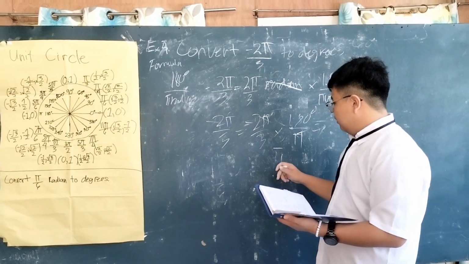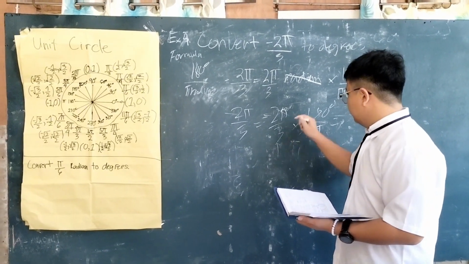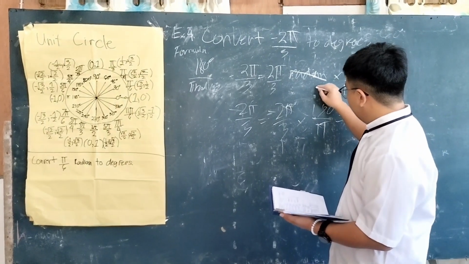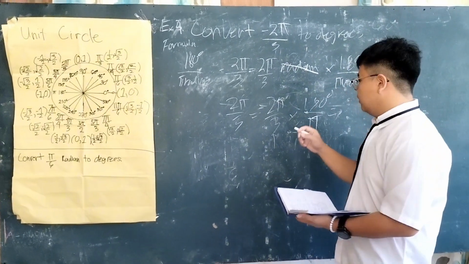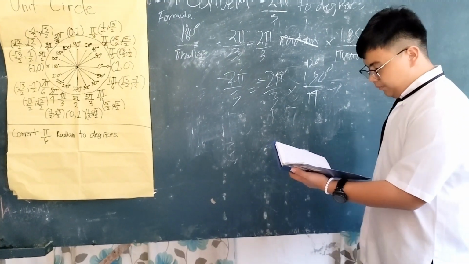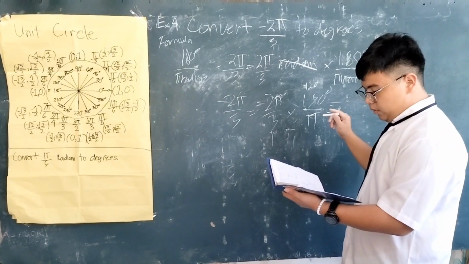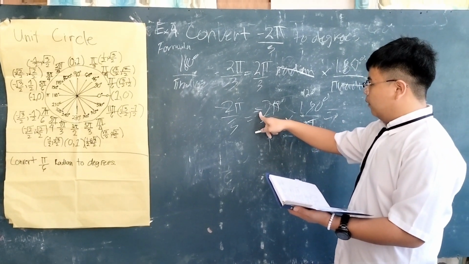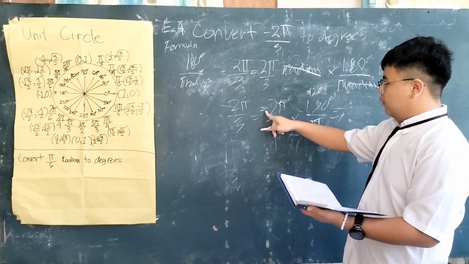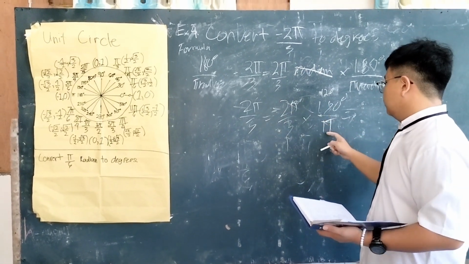Then the divisible of both is 3, which equals 1, and 180 divided by 3 is 60. We put first the negative from the given number.